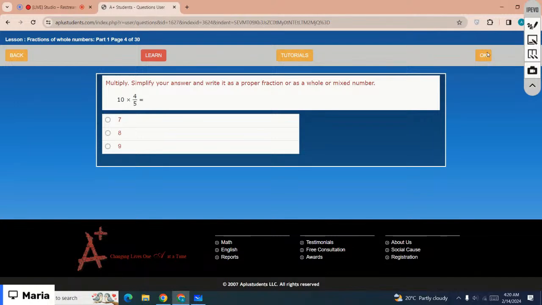That is, the correct option is, yes, that is 8. 10 times 4 is 40, and 40 divided by 5 is 8.